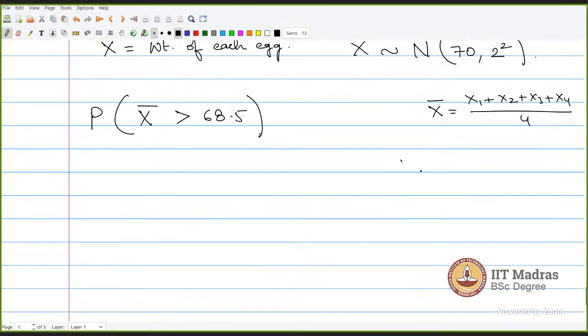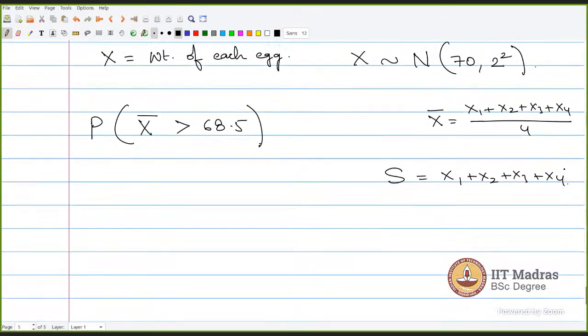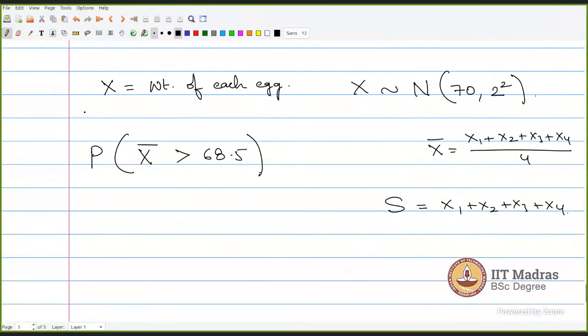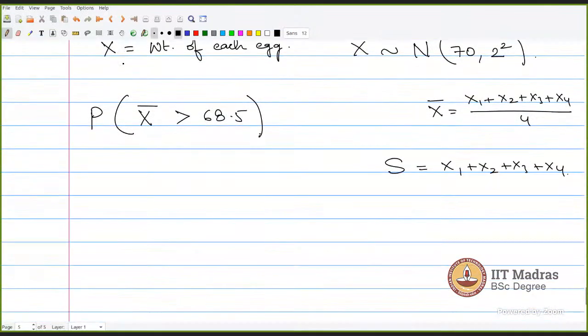So let me consider S as x1 plus x2 plus x3 plus x4. So we start from the basics. This is how CLT works. If you have x1, x2, up to xn, IID, following some distribution, we don't know what the distribution is.